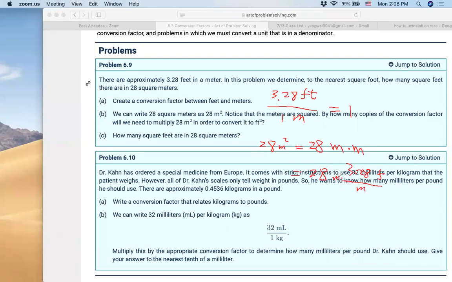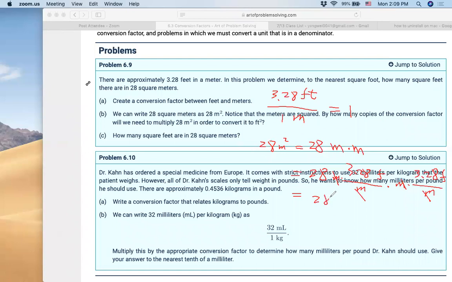By this way, we convert this meter to feet. Then for another meter, you do the same thing: 3.28 feet over the meter. So you can see the meters cancel, and you get 3.28 feet times 3.28.